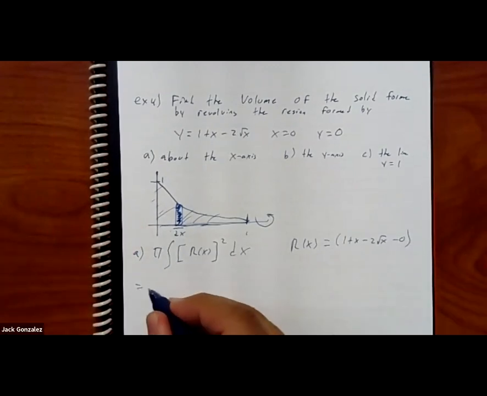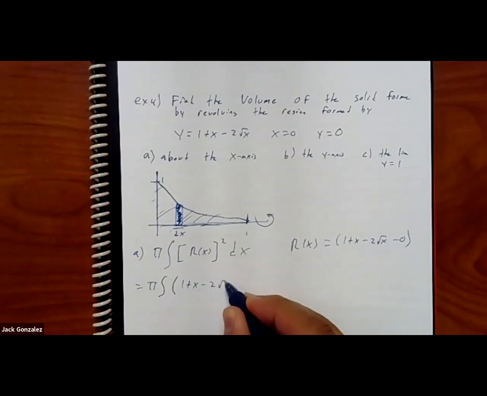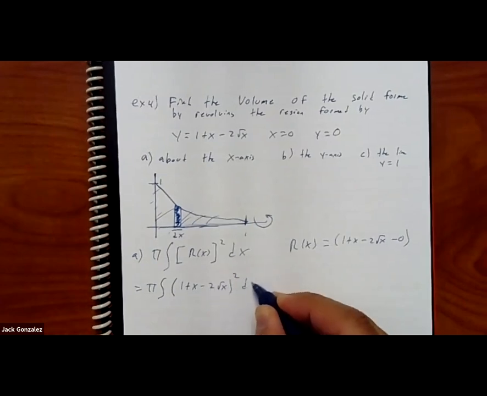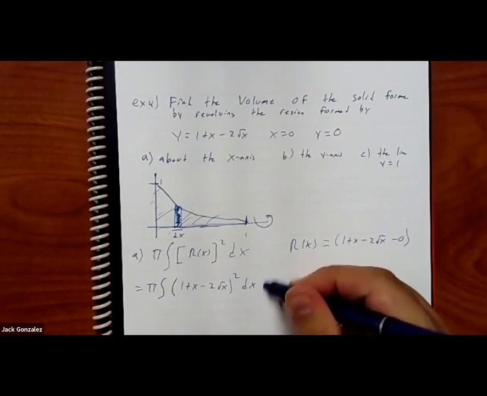Okay, so that shouldn't be too bad, right? The integral of 1 plus x minus 2 root x squared, though. So if I square that, it's gonna look really crappy. Oh, well.